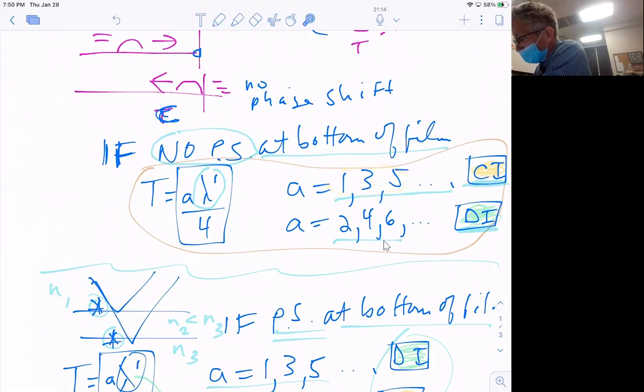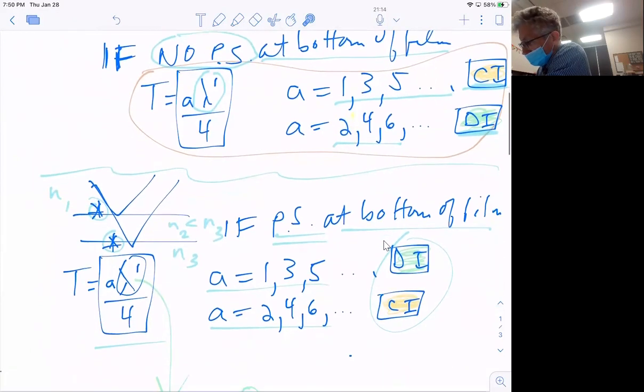So the smallest thickness you'll have is putting a 1 there, 1/4 of a wavelength of the light. And you'll have destructive interference if you put even integers there, the opposite. So 2/4 wavelengths, 1/2 wavelength, will give you destructive interference. That will be the thinnest thickness possible to do that.